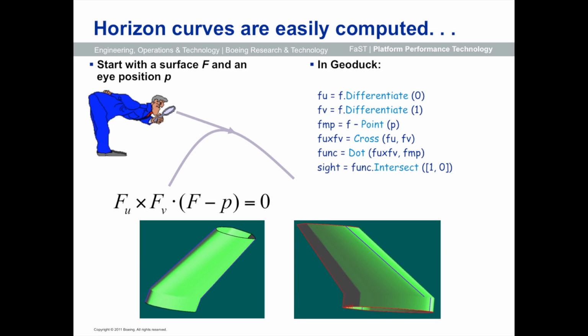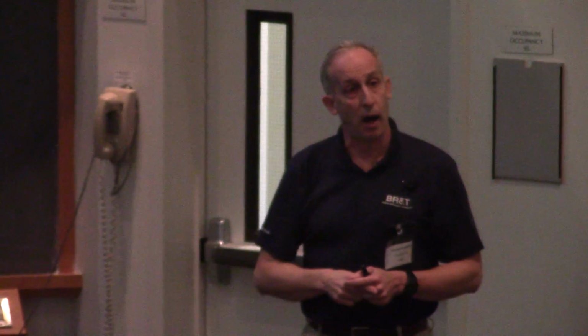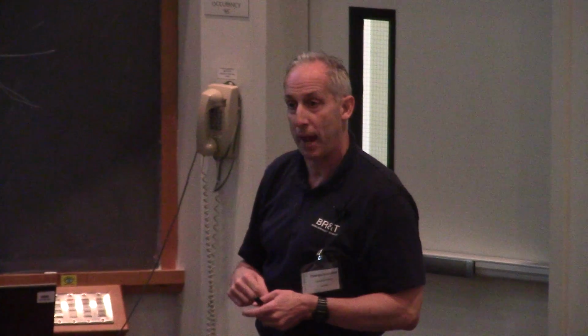Those 2 vectors span the tangent space, so the cross product will lie in the direction of the surface normal. And if I take the dot product of that with the line of sight, that's going to give me really one equation in the 2 independent variables for the surface map.